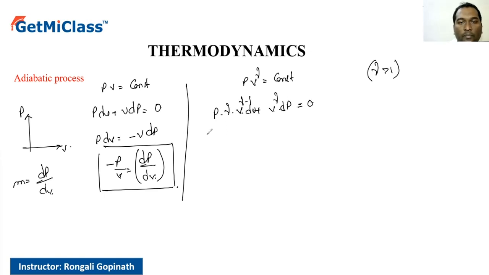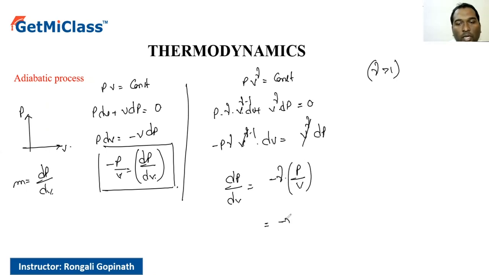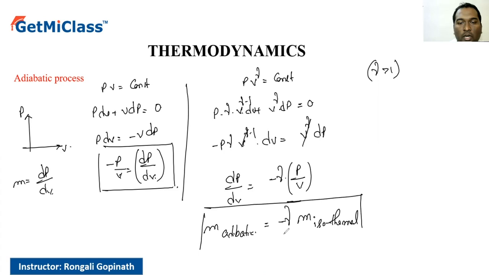Therefore, minus P gamma V^(gamma minus 1) into dV is V^gamma dP. V^(gamma minus 1) and V^gamma combine, so dP by dV is minus gamma times P by V, or it can also be written as minus gamma times the slope of the isothermal process. The slope of the adiabatic process is minus gamma times the slope of an isothermal process.